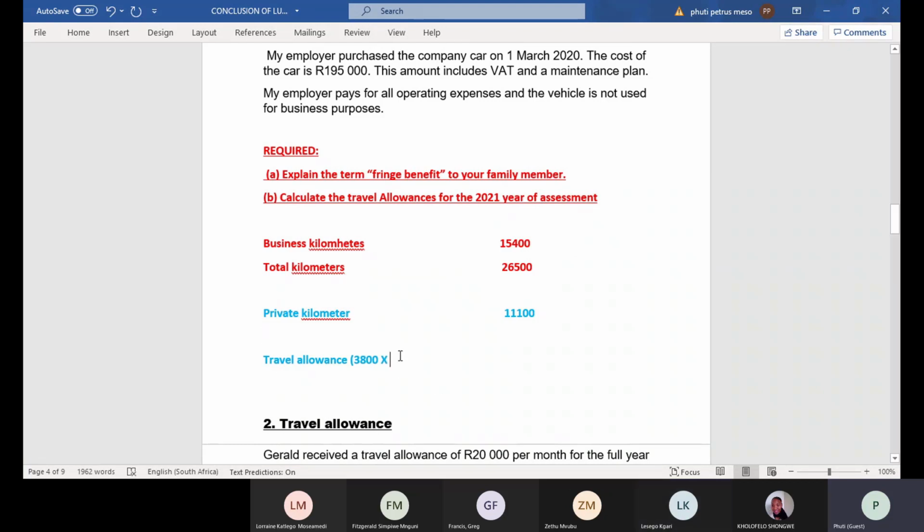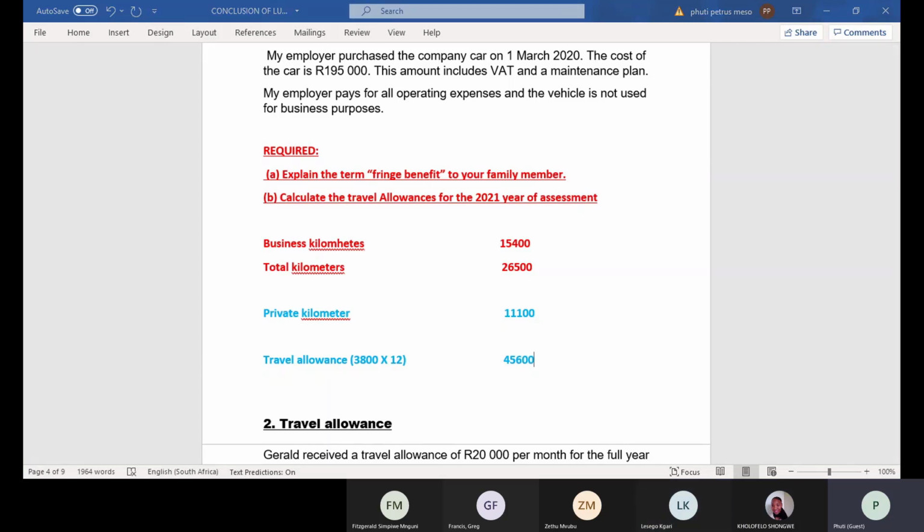How much is 3.8 multiplied by 12? Is it 44,600? I'm struggling to hear you, but I hope you said 44,600. It's 45,600. 45,600 rand. Okay.